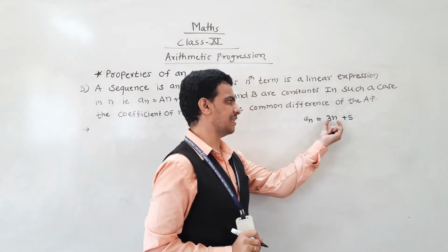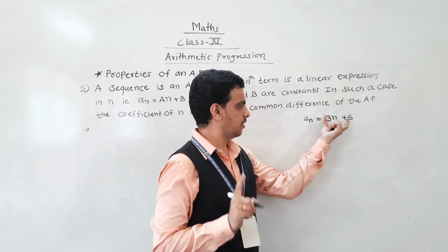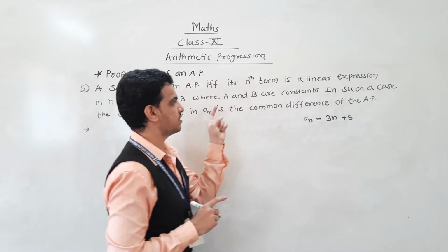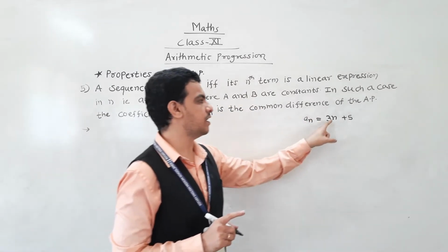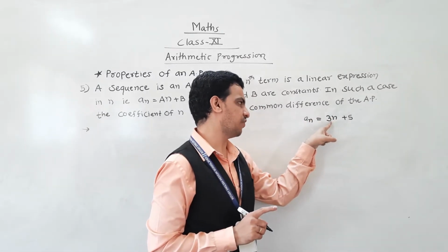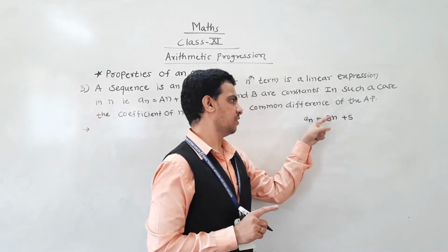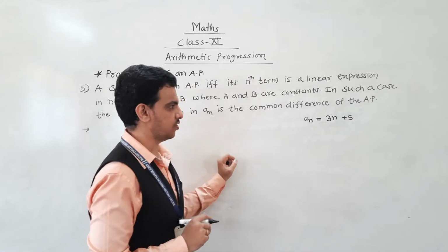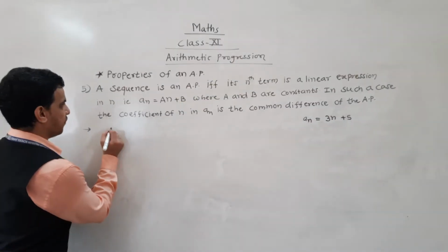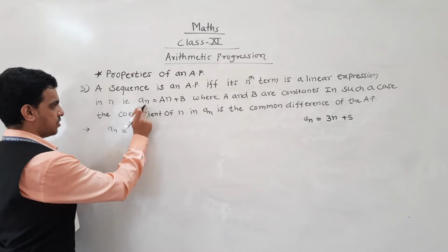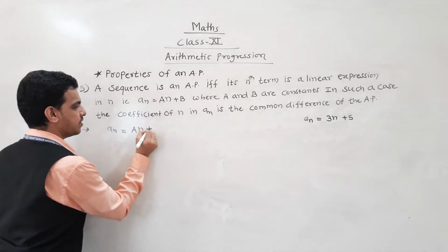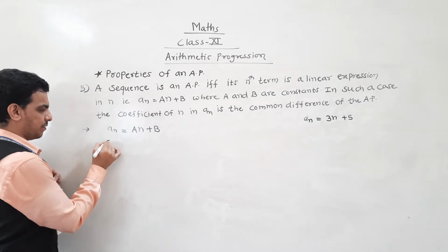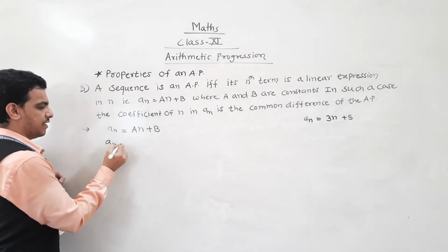This is a linear expression in n, so the given sequence is an AP and the common difference is the coefficient of n, which is 3. Okay, if we have to prove it this way, the general term is given as an plus b, then how do we find the common difference? So I am finding the (n minus 1)th term.